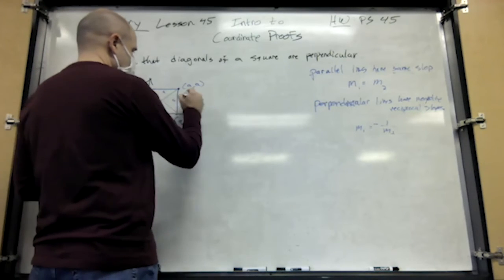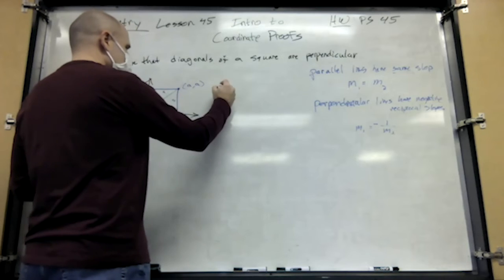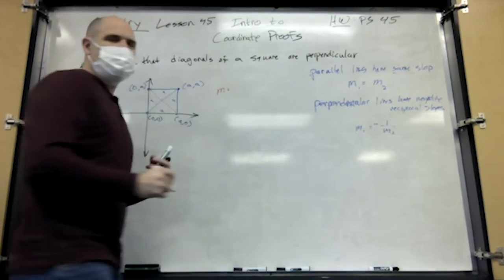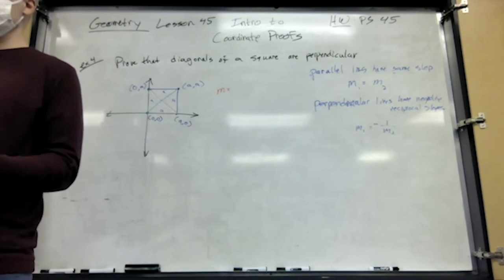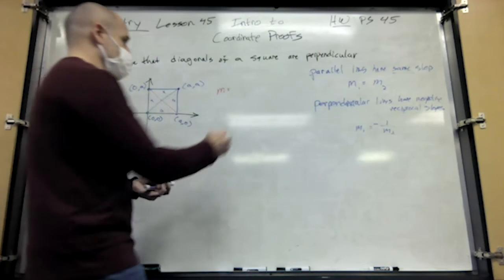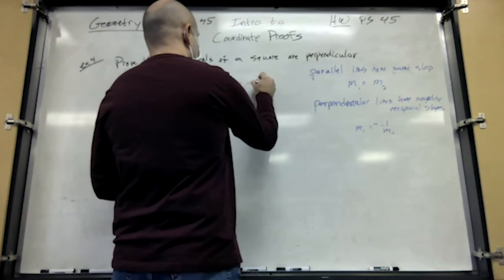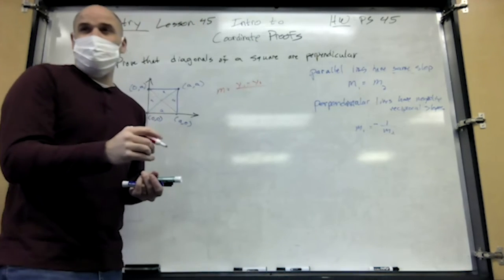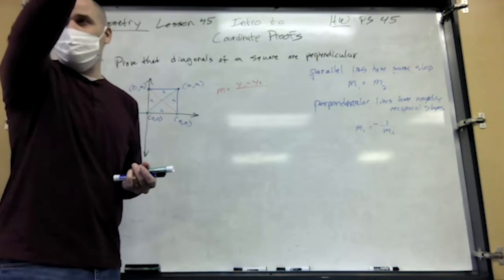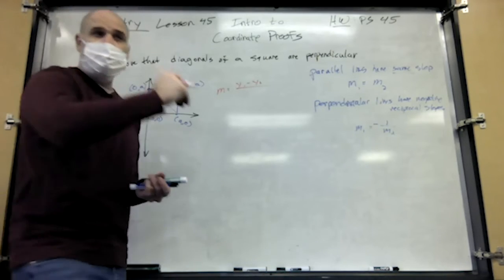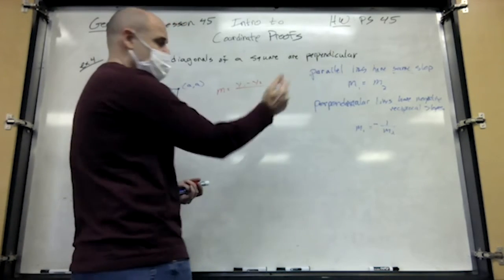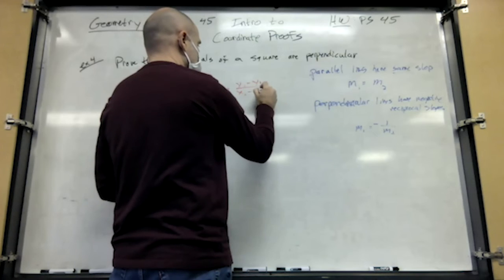Okay, so the red line. So how do you calculate that? So M equals rise over run. Remember, the slope formula is y1 minus y2, that calculates rise. The distance between the y values is how much it goes up or down. The distance between the x values is how much it goes left or right.